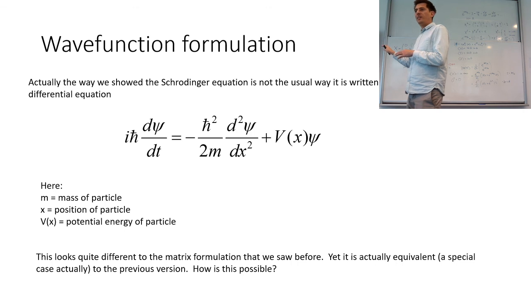You're doing a whole quantum mechanics introduction course, and if you never saw the Schrodinger equation in its normal form, then maybe that would be kind of a weird thing.